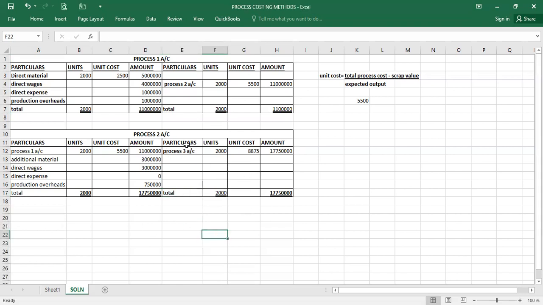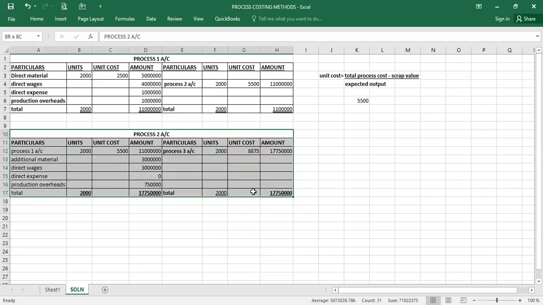But remember we are transferring these units to process 3. When you see that the costs are increasing, it means what we've got from here is no longer there. So it is within this. When we transfer these costs, we transfer everything and we put it in process 3. So we can copy this one, then paste it here.